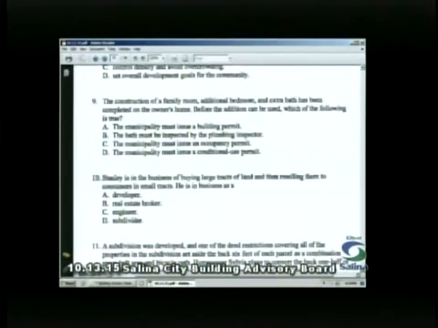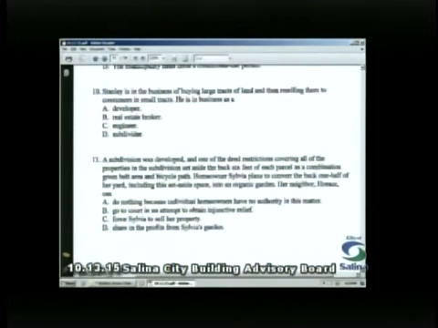Now, this next one can be a little bit confusing. Stanley is in the business of buying large tracts of land and reselling them to consumers in small tracts. He is in business as a real estate broker... Stanley is a subdivider, D. And what's a subdivider?